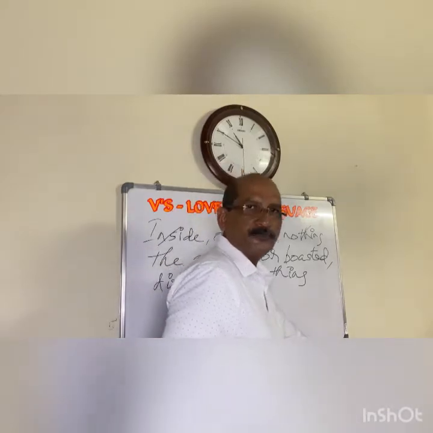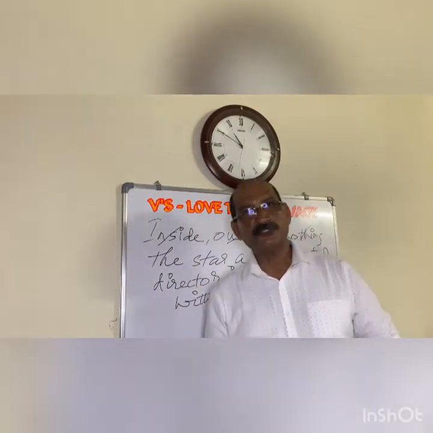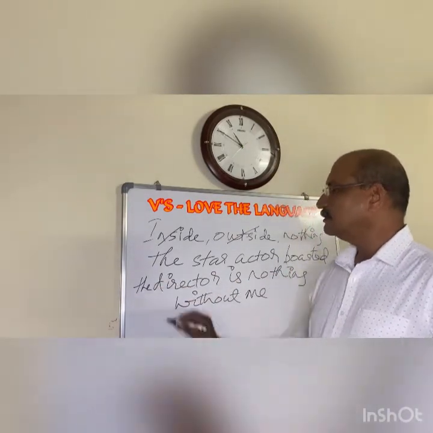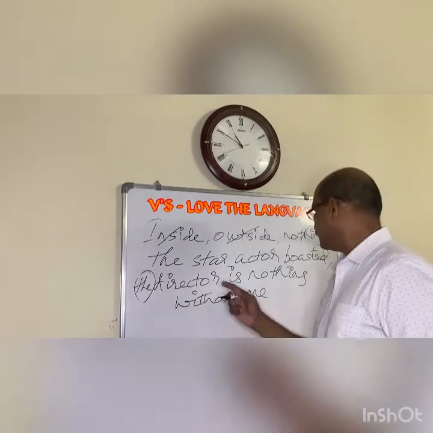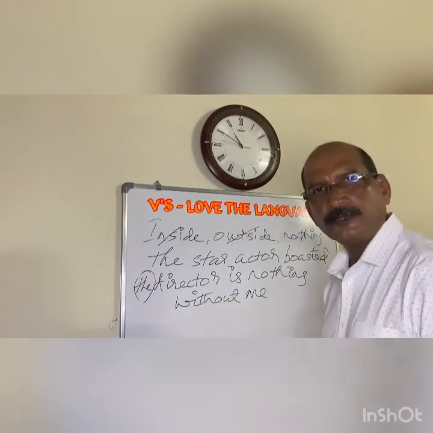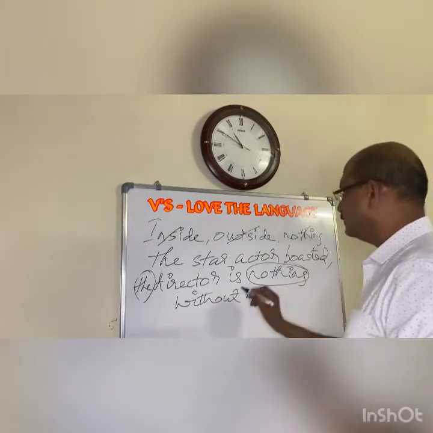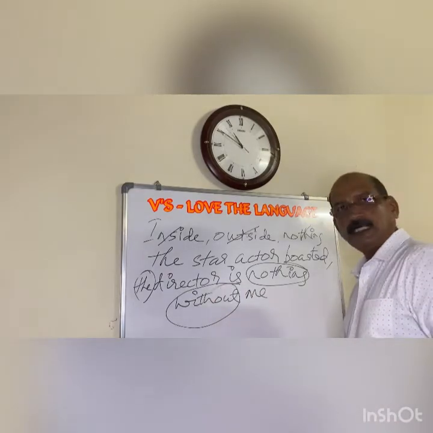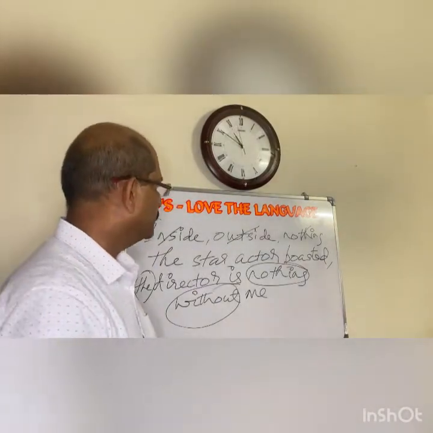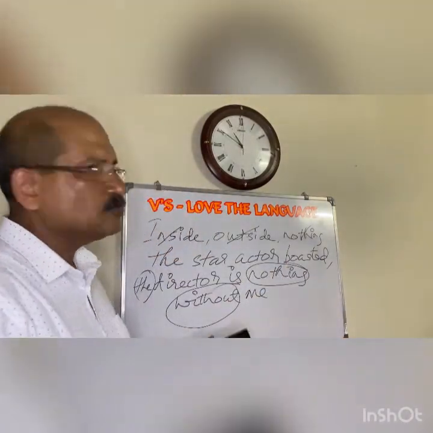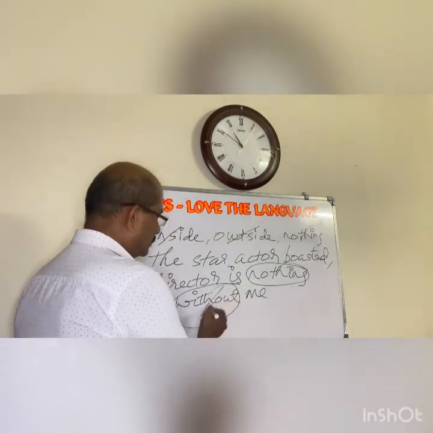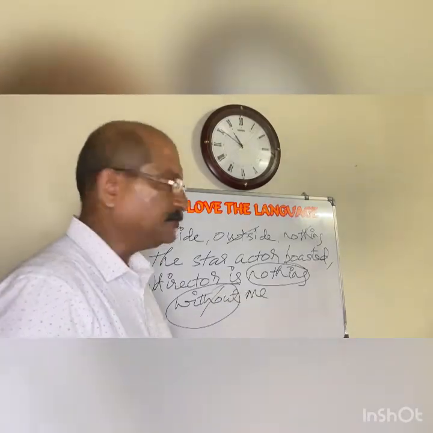The superstar actor boasted, the director is nothing without me. In this sentence, you will find there are two prepositions. One is nothing and the other one is without. Both are prepositions. I just wanted to bring out an example sentence using nothing, but in the process I used without too. This is also a preposition.